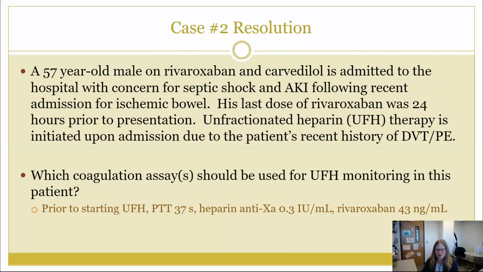Our rivaroxaban was around 43 nanograms per ml, which corresponded to a baseline value of 0.3 units per ml of heparin in our heparin calibrated anti-10A assay. They decided to use the PTT-based nomogram for unfractionated heparin monitoring, because our PTT assay at my institution is not very sensitive to rivaroxaban and apixaban.